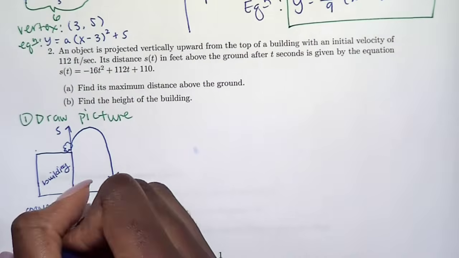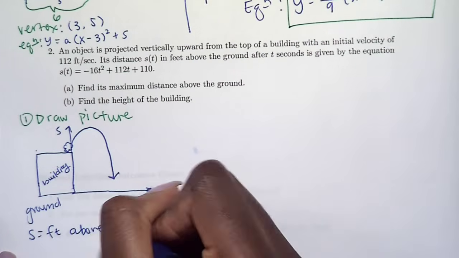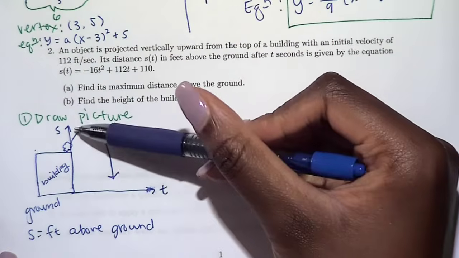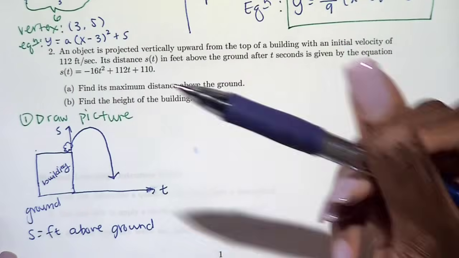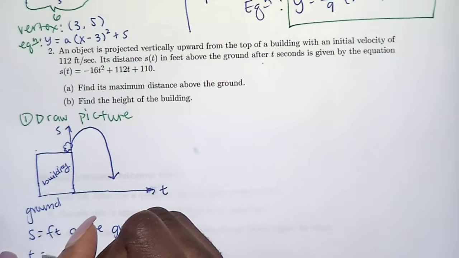All right, so I'm going to write that down so we remember. So everything on this, what's like our y-axis, tells us the feet above the ground, and t is just our time in seconds.